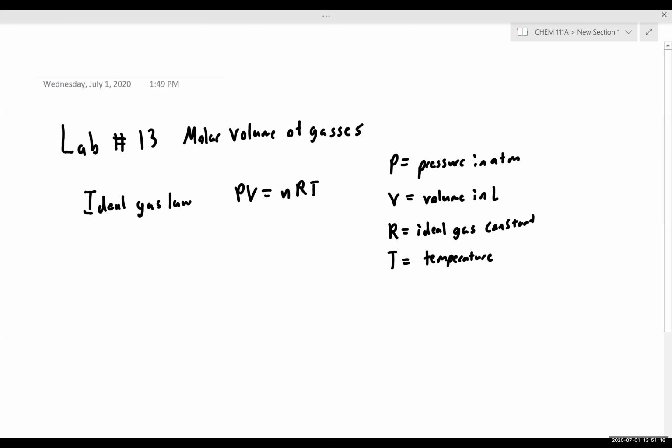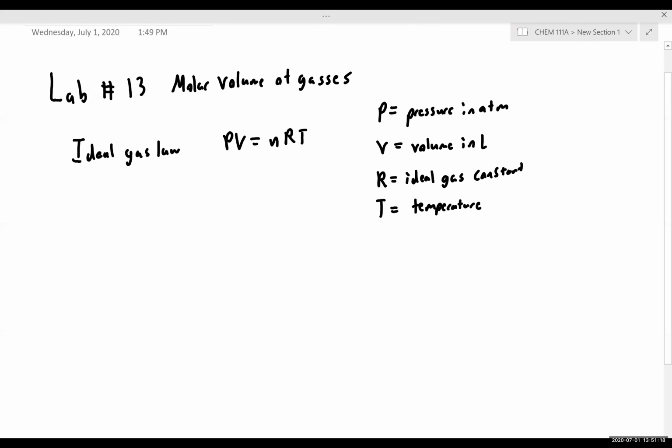From this information, since we know that the moles are equal to the mass of gas over the molar mass, we can rewrite the ideal gas law as PV = mRT/M.